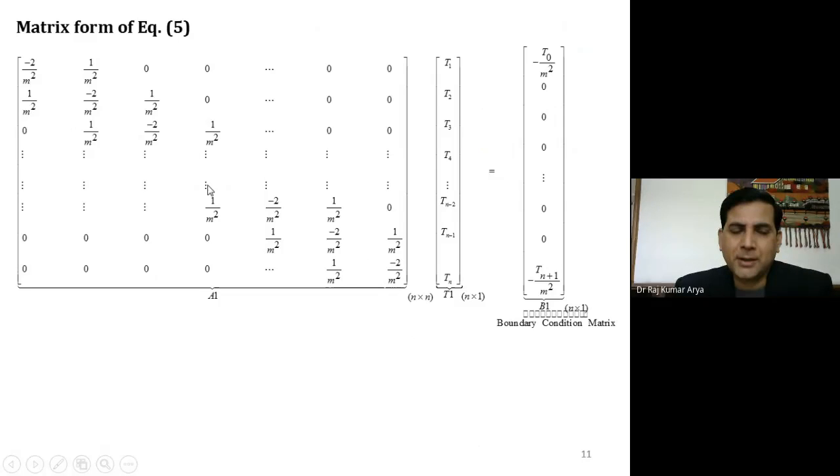So this would become your matrix A. These are all your unknowns, that means the temperature T matrix. This is your boundary conditions matrix, which is known to you. You know the T naught and you know the Tn plus 1, which is the boundary at the last one. Correct?